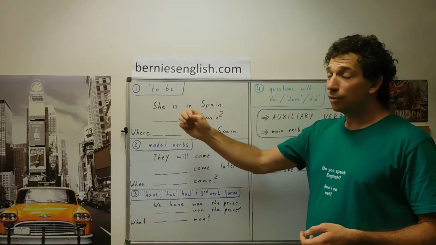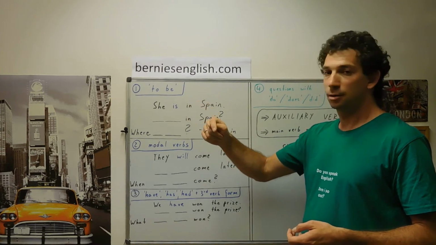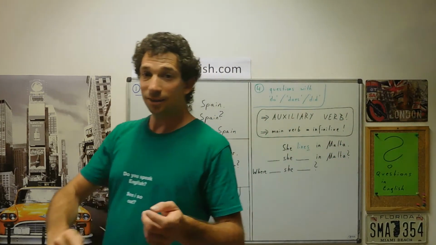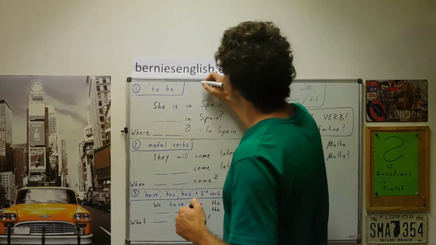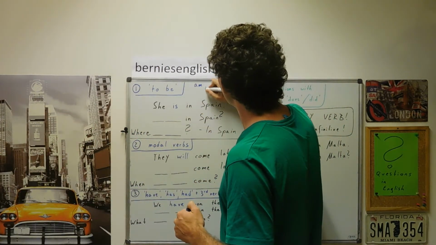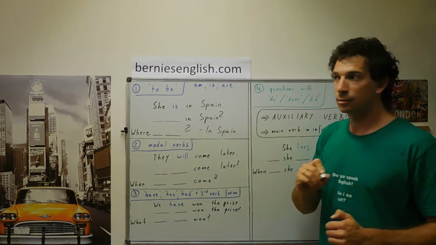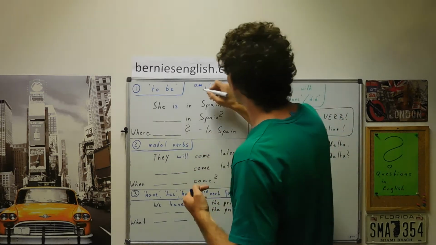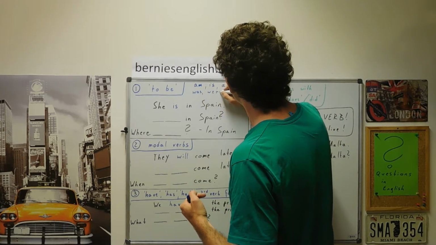The first group of auxiliary verbs is to be. Now, this group includes the verbs am, is, are, or in the past tense, was, or were.